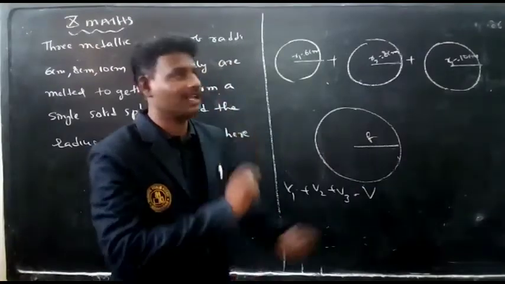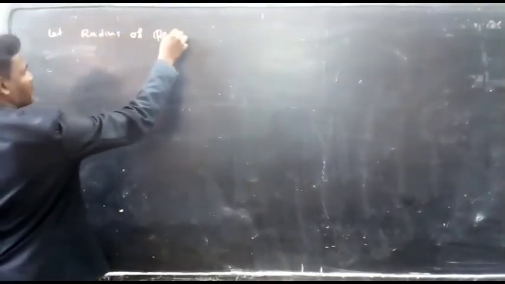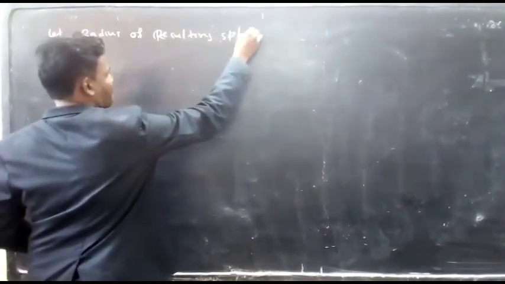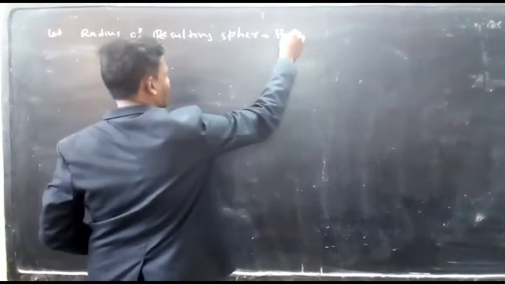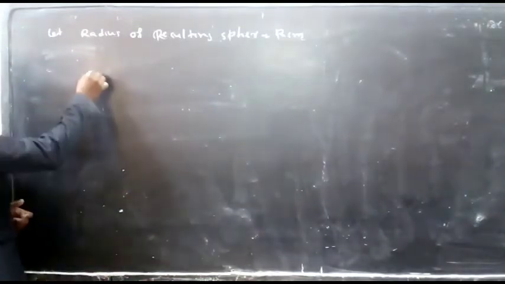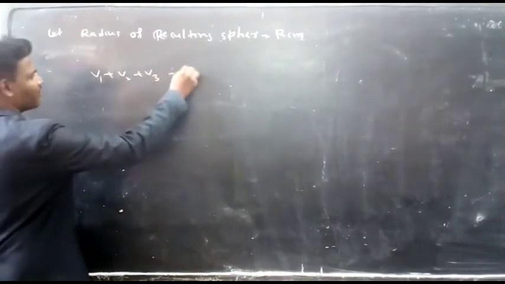Now you have to find the radius of the resulting sphere. I am taking the radius of the resulting sphere as capital R centimeters. Then V1 plus V2 plus V3 is equal to V.